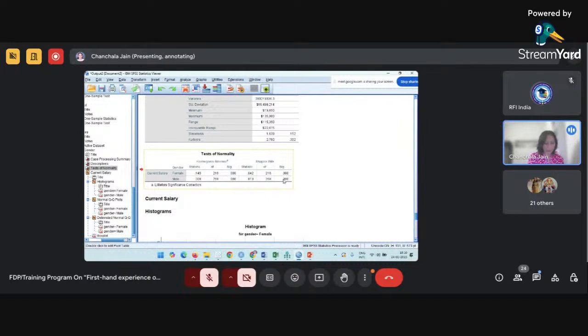And what will be the null hypothesis? I think I told you the null hypothesis for the Shapiro-Wilk test. There is no significant difference in... the output will be there is a significant difference in the salary of male and female, or it is reverse.